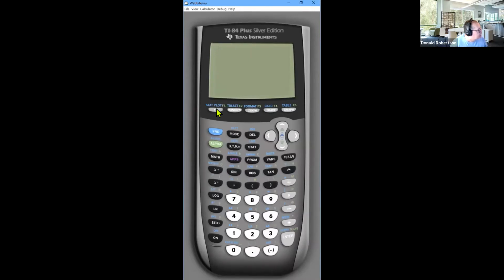I'm going to go here and show you, and this is one way to do it, there are others. I'm going to type in the sine of x squared. And I'm going to go to my window, and it starts at 0, and it finishes at pi. Then I'm going to do zoom 0, which is just so I can make sure it's right.